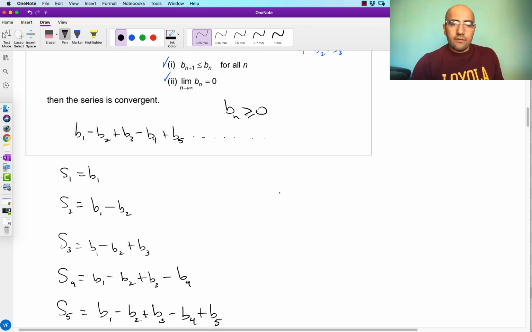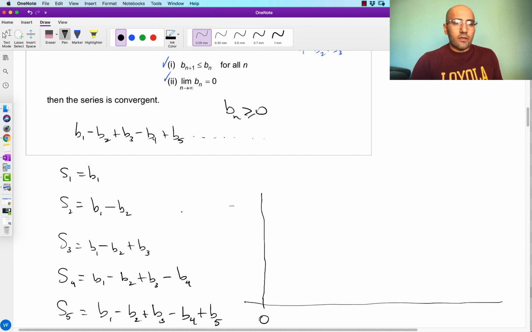Okay, so visually, let's see, we have a number line. Without loss of generality, let's just start with 0 there, just to visually see this. Okay, so here's 0.